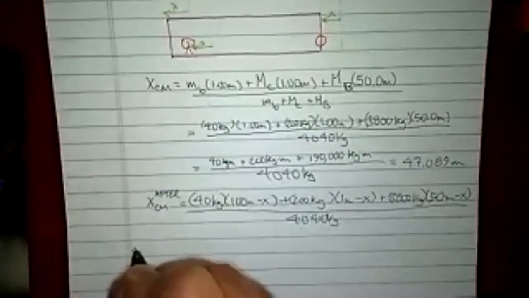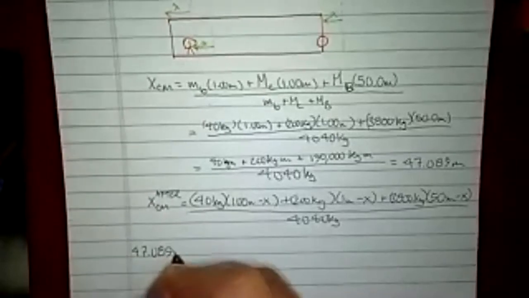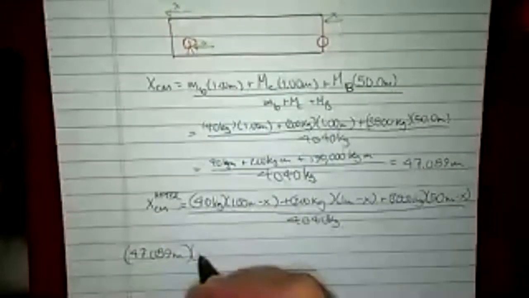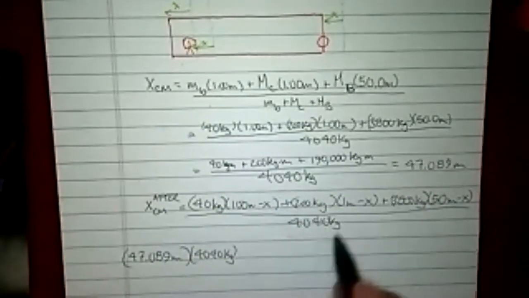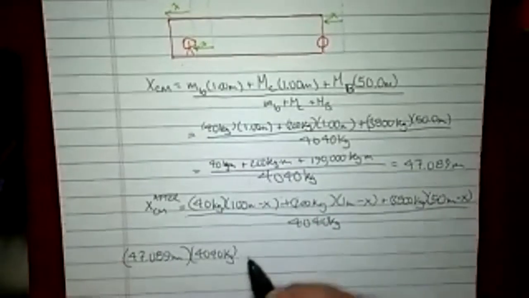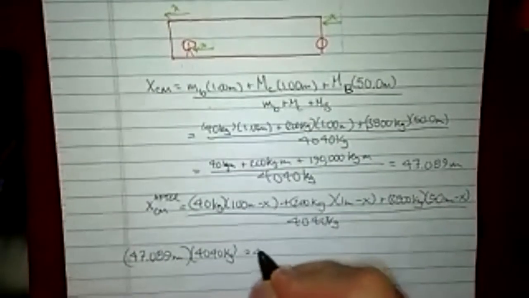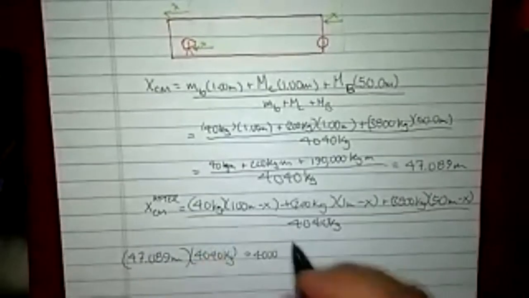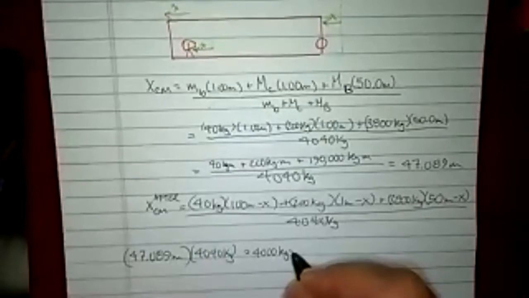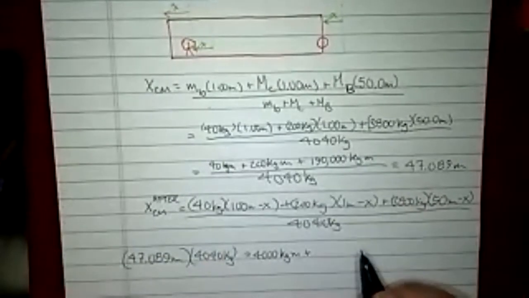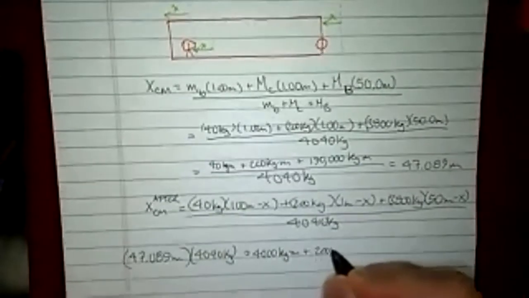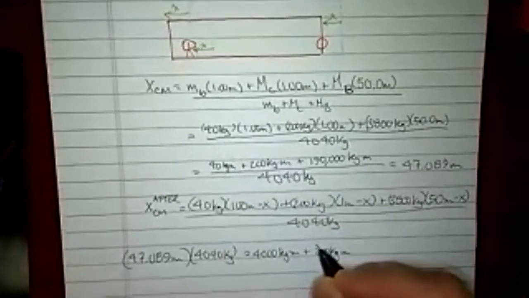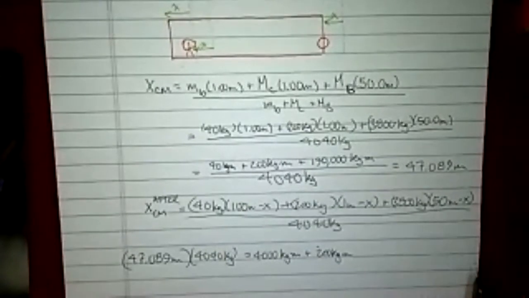So what I'm going to do is say 47.089 meters times 4,040 kilograms. So what I already did was multiply this by that. That's going to be equal to 40 times 100 is 4,000 kilogram meters, plus 200 kilograms times 1, so it'd be 200 kilogram meters, and then plus 3,800 times 50.